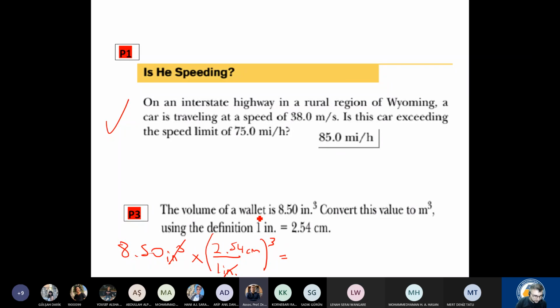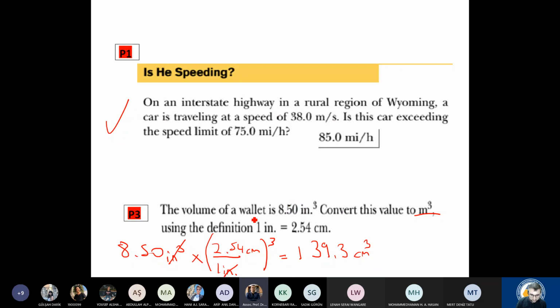Yes, 8.50 times 2.54 cube. It will be equal to 139.3 centimeter cube. After that, you must convert it to meter cube because the answer must be in meter cube.